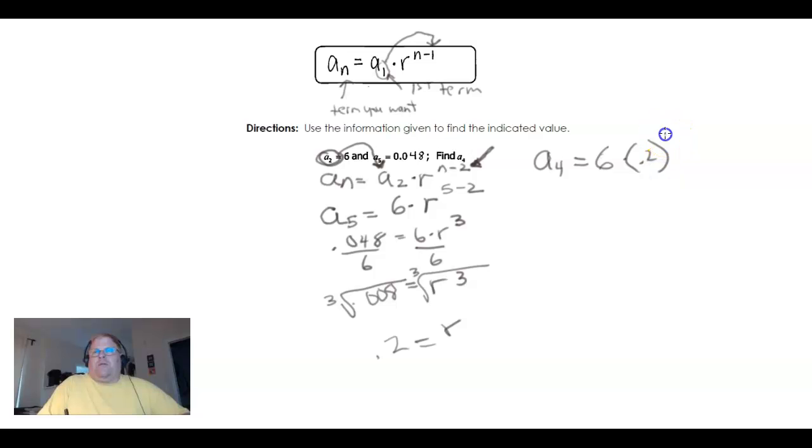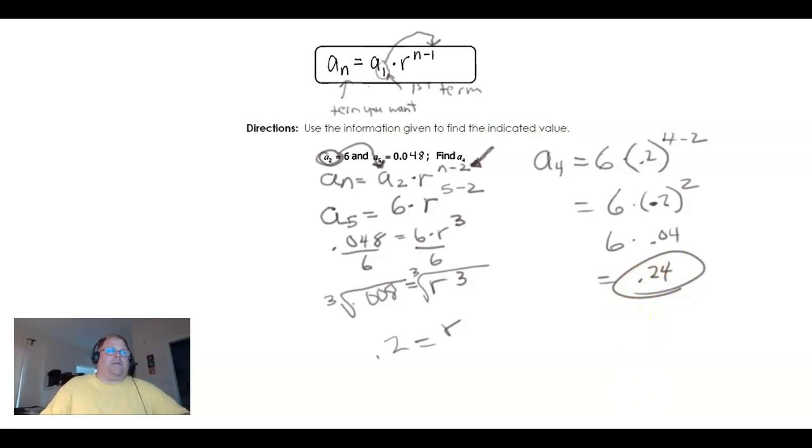And then we're doing 4 minus 2. Okay, so 6 times 0.2 squared. So that's 6 times 0.04, which is 0.24. And that's my answer.